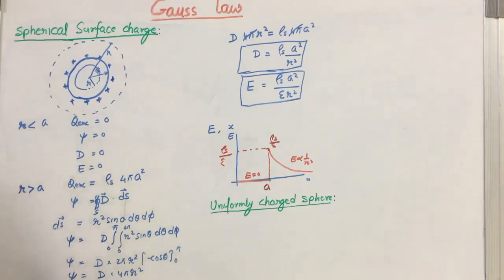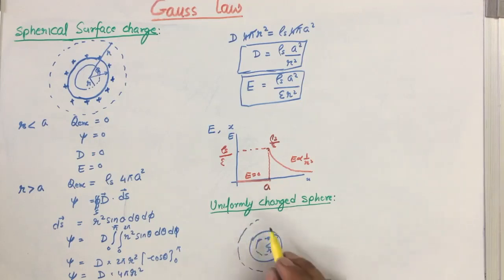So for this case, again we have to draw the same figure here of radius A. Consider any surface of less than A radius, and more than A radius. Here charge is distributed uniformly throughout the body of the sphere.